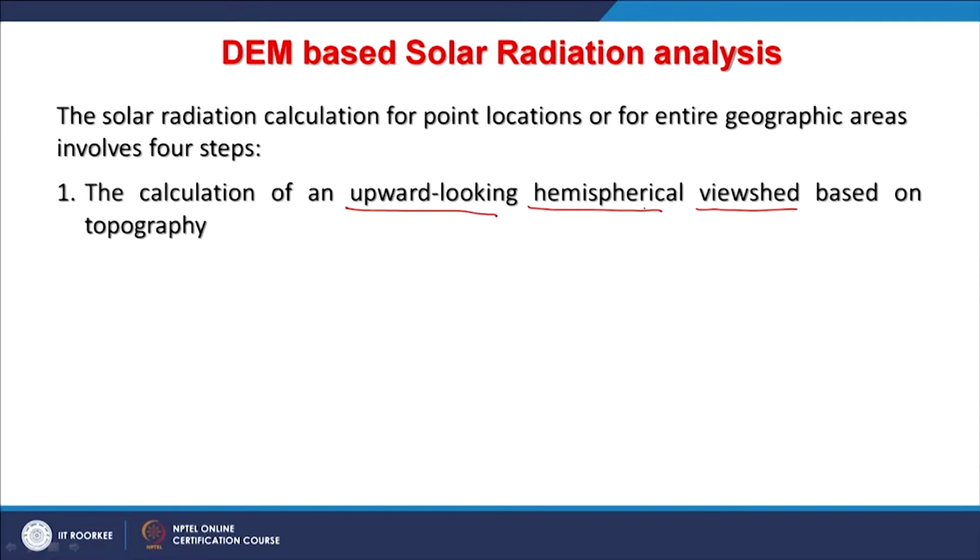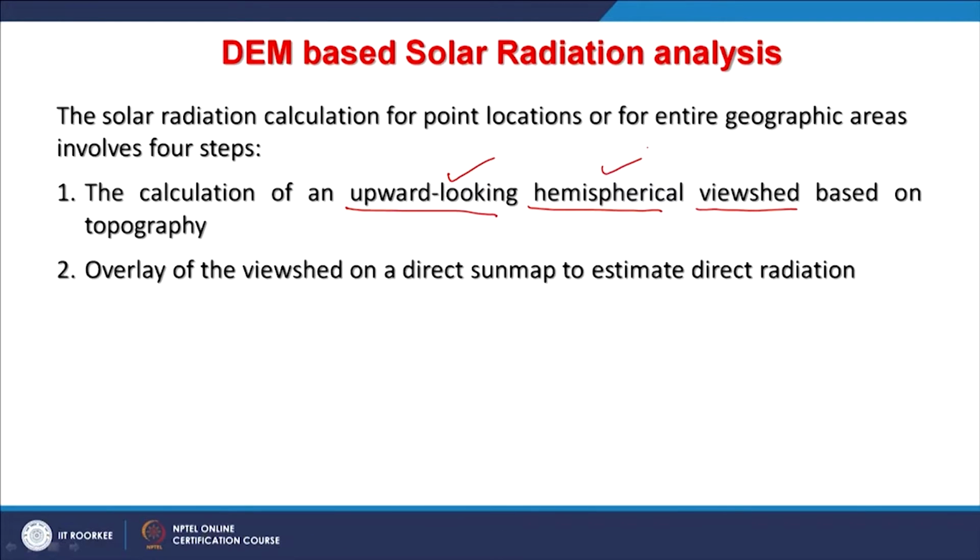These 3 words are important: upward looking hemispherical viewshed based on the topography. If somebody is located in a valley, this viewshed is going to be very narrow. But if somebody is on top of a hill or on a peak, then naturally the viewshed is going to be very large. So, it depends on the topography.